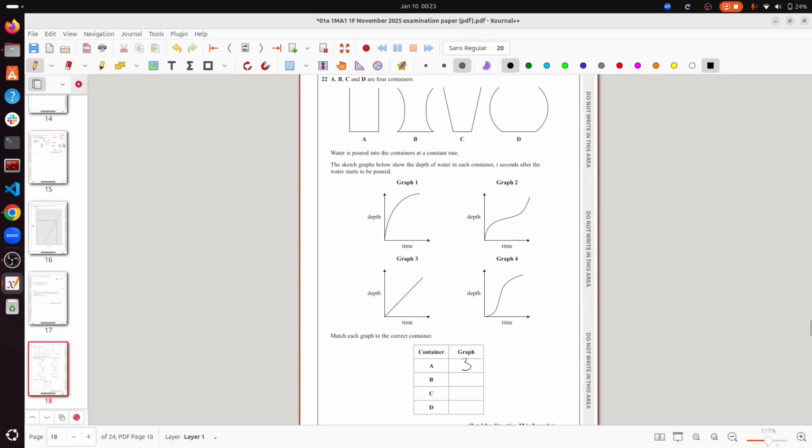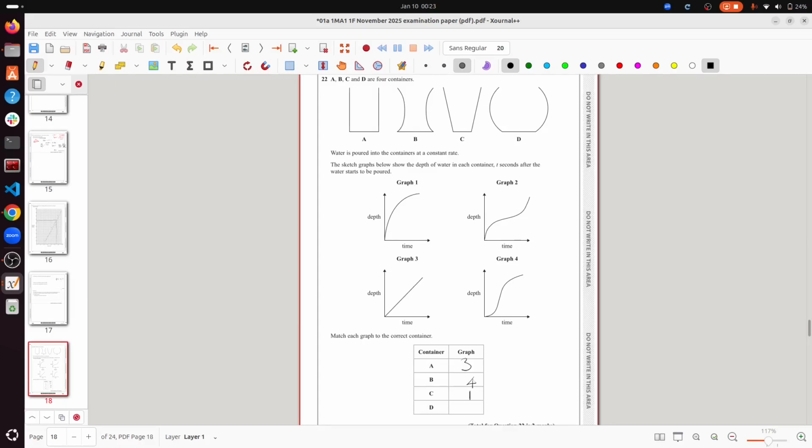For B, we can see initially when we put the water, we have a wider space, and then because it gets narrower, the level goes up sharply. So that should be 4 for B. For C, it's narrow at first and then it takes longer, it gradually goes up, so that should be 1.